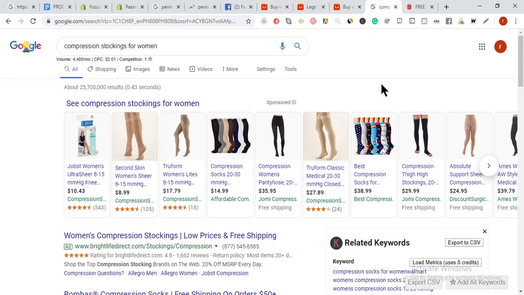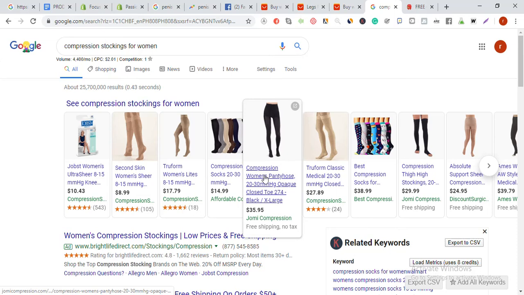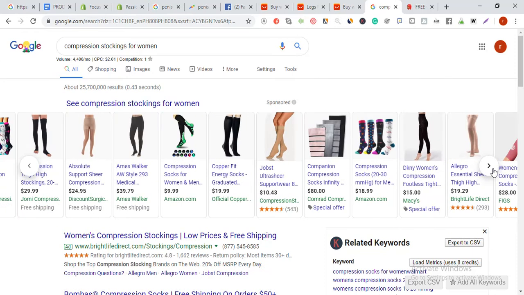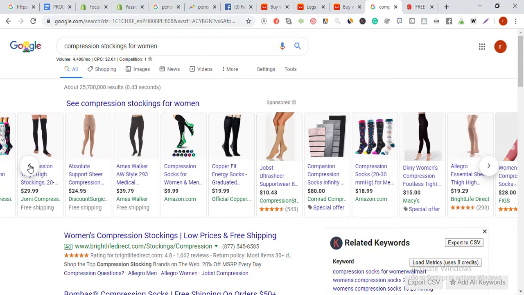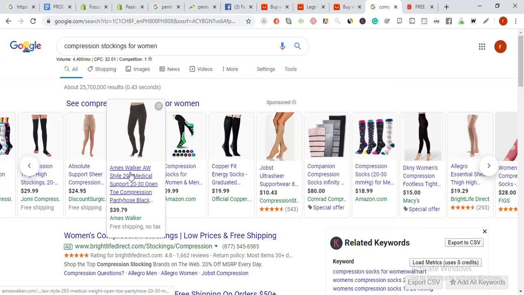That was different. So I think this one is close enough. $35.99. This is close enough, right? Or hold on, because it's pantyhose. No, I think that was it. That's our nearest competition, and this one as well.